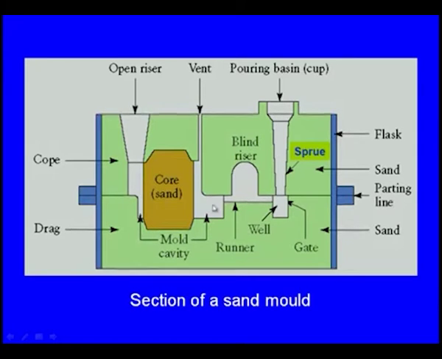Once the cavity is filled with the molten metal, it rises to the riser, then we stop pouring the molten metal. So, the compacted sand medium with hollow cavity inside, with all the provisions to pour the molten metal and to see that the cavity is filled with the molten metal, with all these provisions we call it the mould.